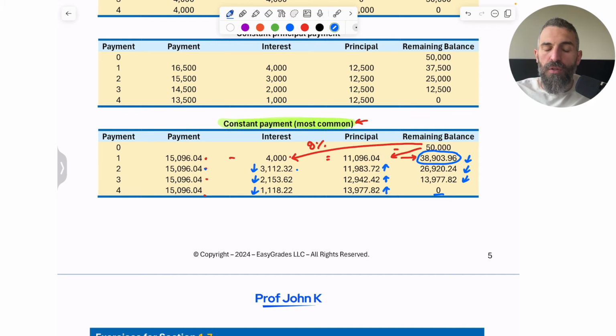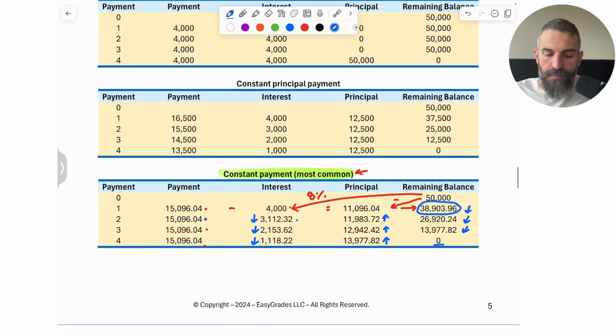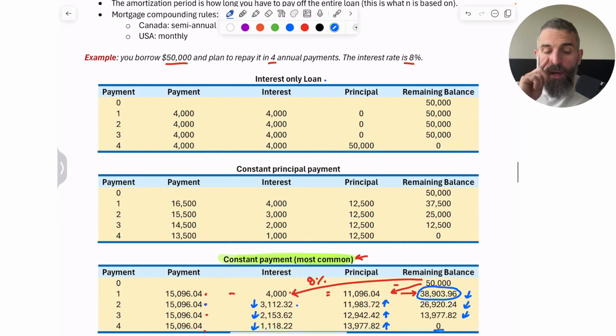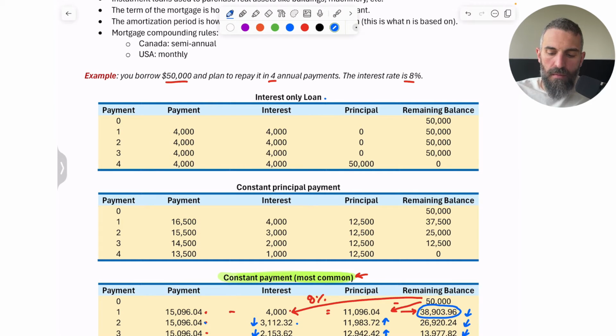Now, other types of loans that are a little bit less common are interest-only loans, where you only pay interest. So this basically follows what we call simple interest, because the interest you pay is always the same, and it's on the amount that you borrowed, right?